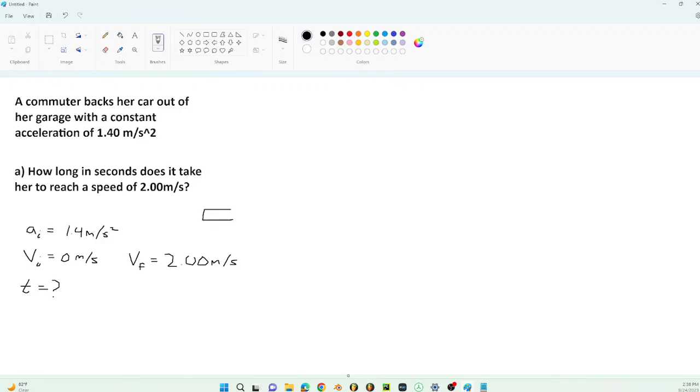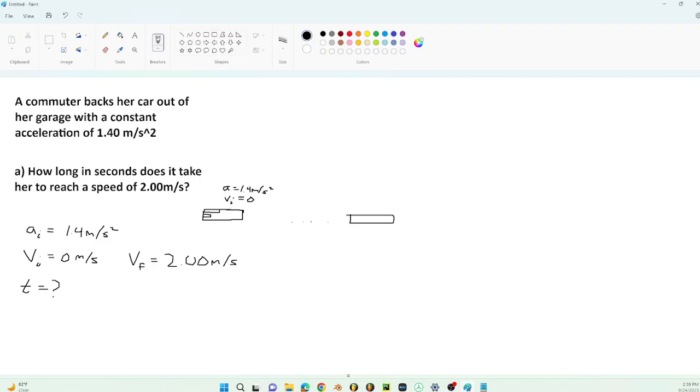I also like to sketch out what we're working with. So our initial velocity will be 0, where a is equal to 1.4 meters per second squared. And after some time, let me move this out because it doesn't describe the environment very well.